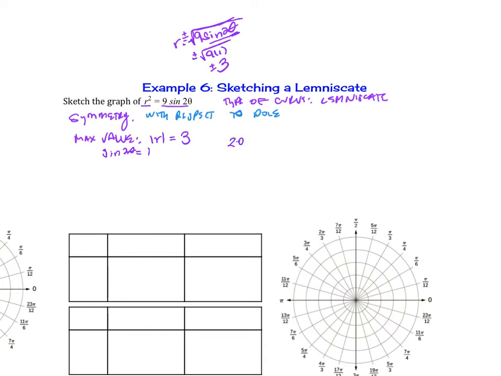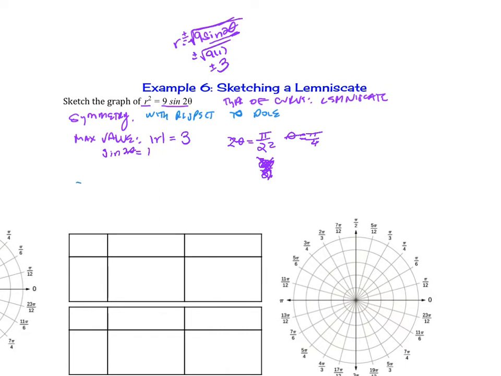And so 2 theta equals pi over 2. Now we can't choose, for example, 3 pi over 2, because remember at that point it is negative 1, and we can't have a negative 1. So we know there's a little restriction there, and we can't pick that. So when theta is pi over 4, we're going to have a maximum value here.